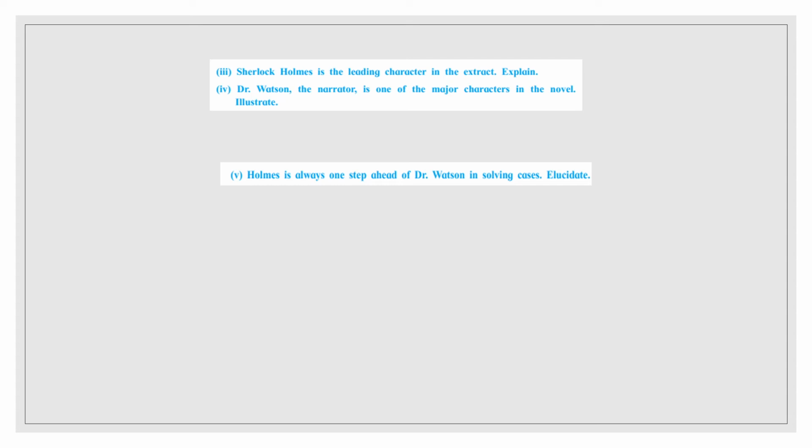Dr. Watson, the narrator, is one of the major characters in the novel. Illustrate. Yes, Dr. Watson is one of the major characters in the story. First of all, he is a doctor by profession and has a background as a surgeon in the army. Watson helps Holmes throughout the story, though it cannot be denied that major breakthroughs in the case are always the results of Holmes' brilliance.